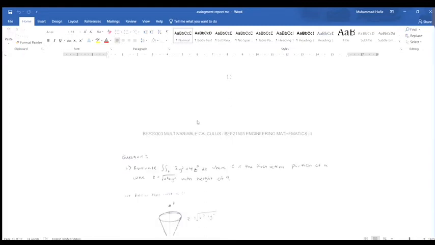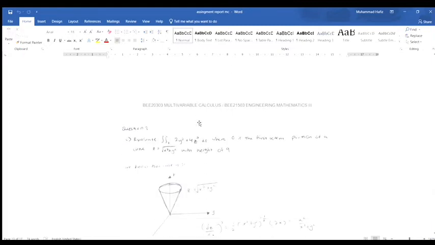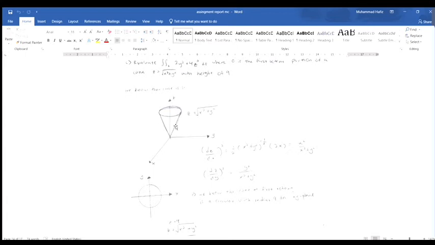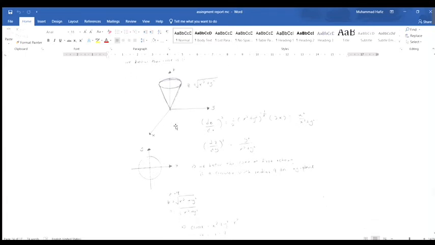Lastly is question 3c. The question asks to evaluate the equation given a cone with height of 9. We know that the cone is z equal to square root of x power of 2 plus y power of 2.